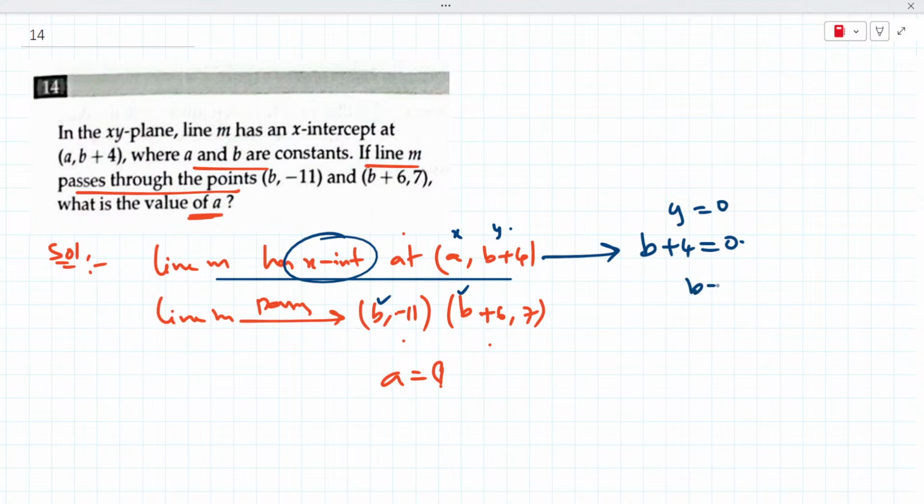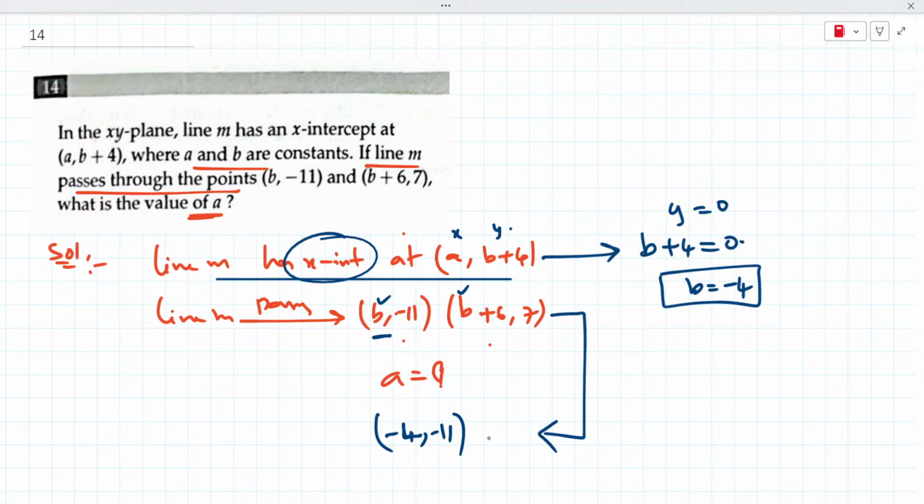So I get b value as negative 4. Now the given points will change: b is negative 4, so the first point is (negative 4, negative 11), and the other point is negative 4 plus 6, which is positive 2, so (2, 7).